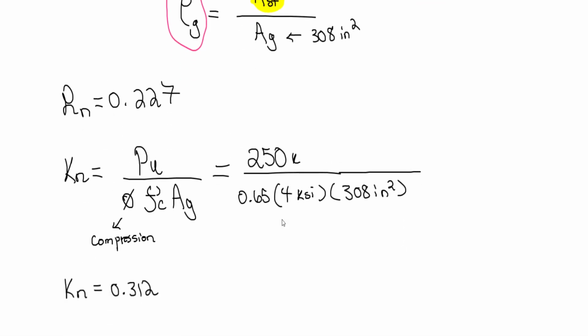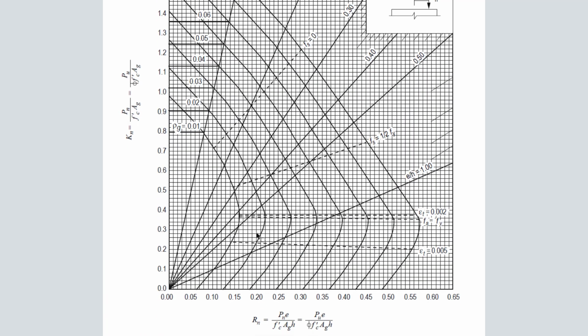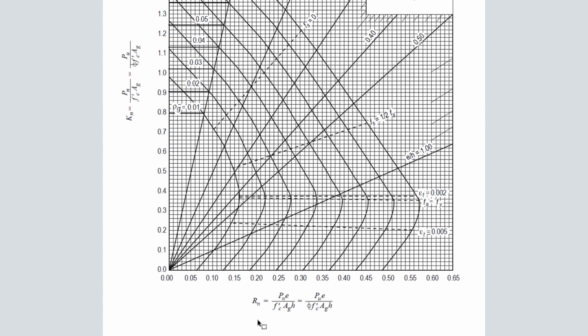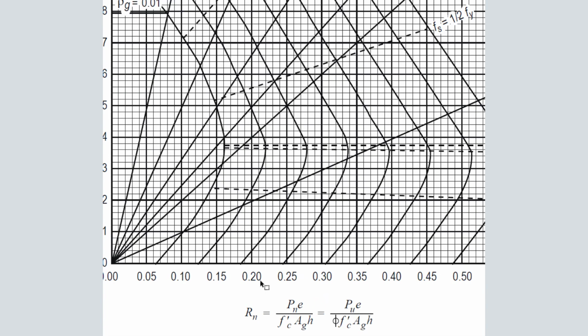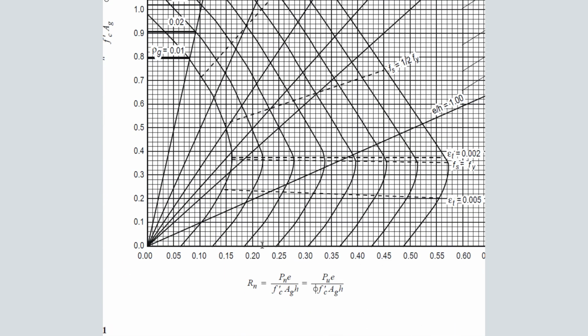We have our two variables: R sub n for the x-axis and K sub n for the y-axis. Now we go into our diagram in the FE handbook. R sub n is 0.227, so this is 0.2, this is 0.22, and we make a line there.